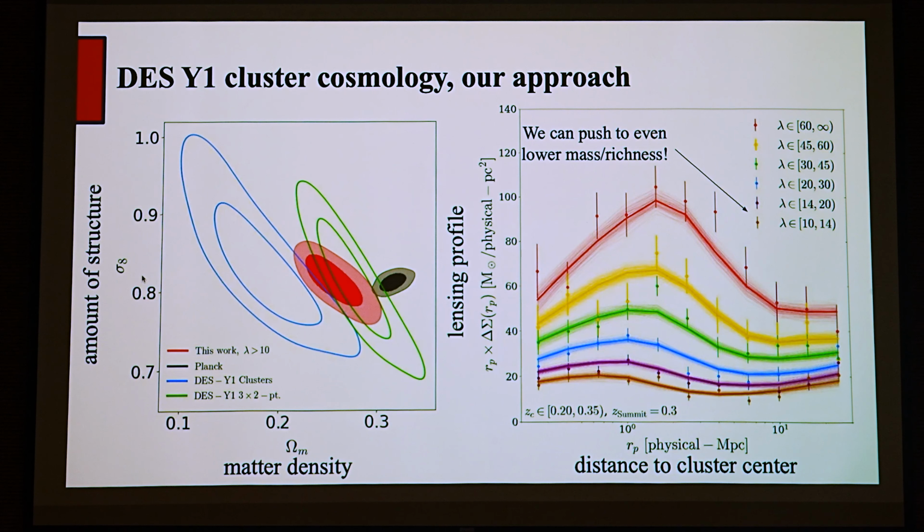And as far as resolution is concerned, we're going down to 10 to the 11. So we're pretty confident that we're not having issues with resolution. The minimum mass to host the galaxy is well constrained, well above 10 to the 11.